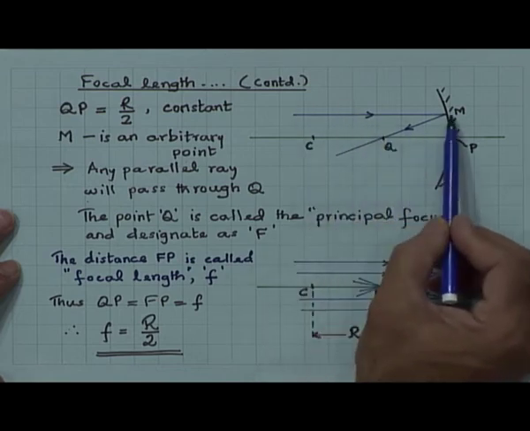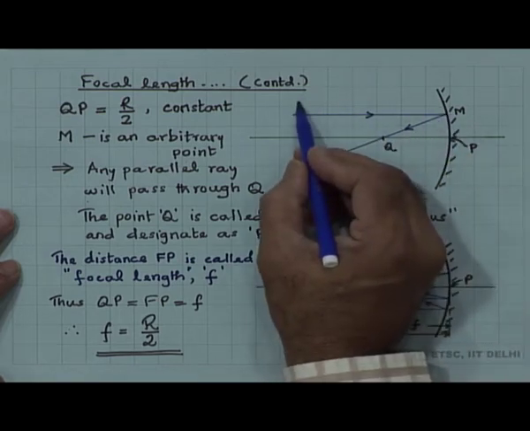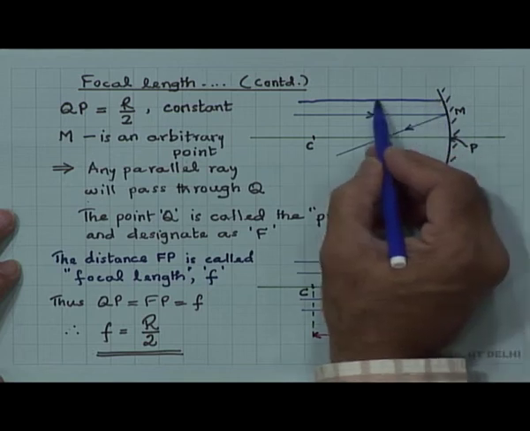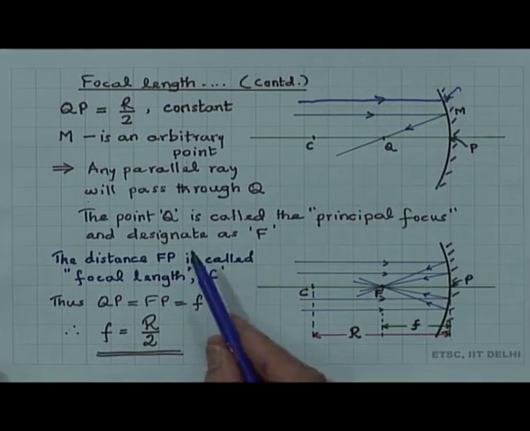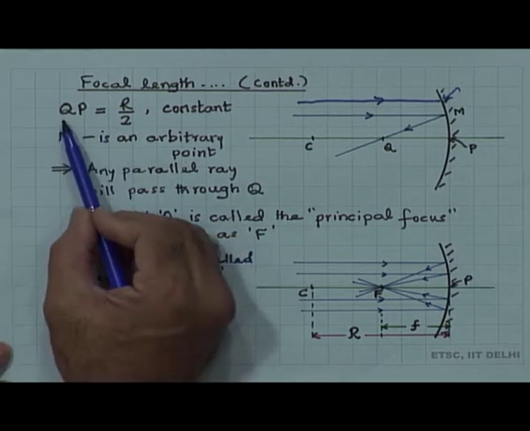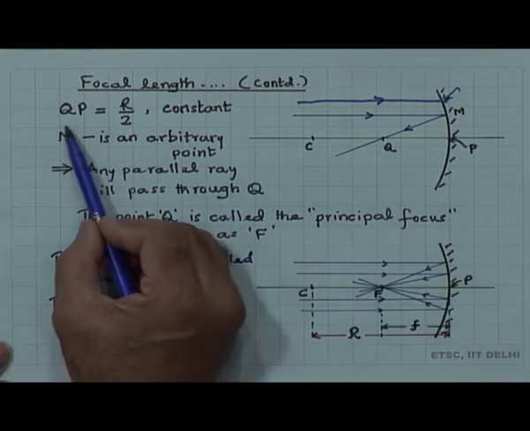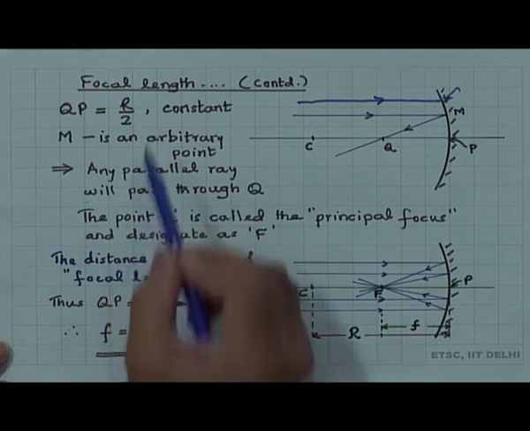Whether the parallel incident ray is here or here, that is whether this is M, it does not matter. It simply says it will pass through a point such that QP is equal to R by 2.